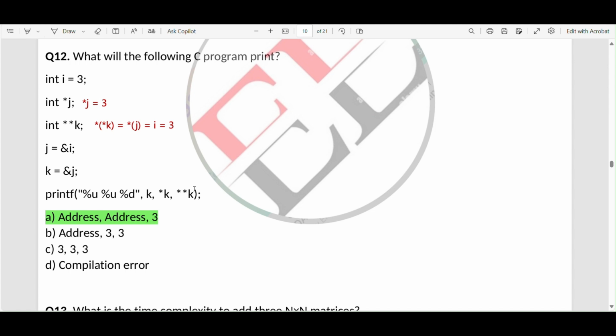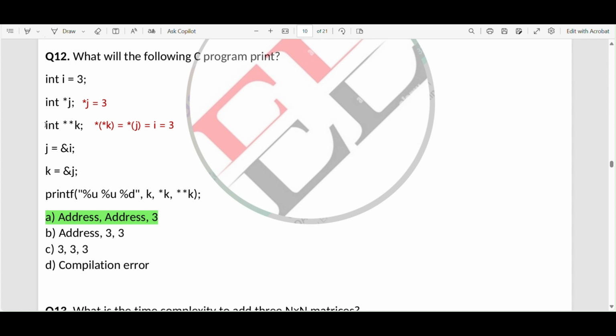I'll explain everything in detail. Now here we have printf. In the printf we have percentage u and percentage d, and here we have the variables which are printed. So the first one is k.